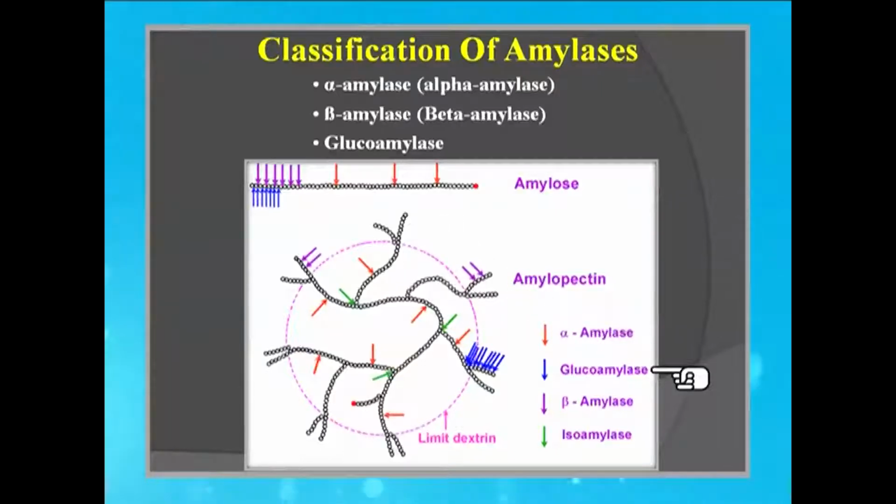The glucoamylase, on the other hand, will be cleaving here, you can see, from the non-reducing ends, while the beta amylase will be involved in cleaving two glucose units. From here also you can see two single glucose units will be cleaved off together, called maltose, while the isoamylase generally acts on the branch points.